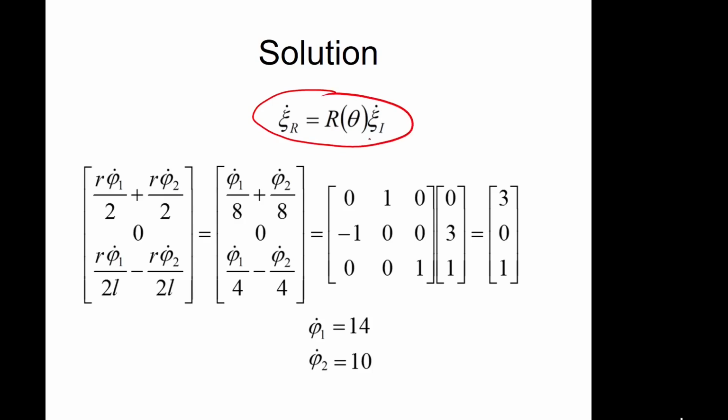We translate our global velocity towards our robot velocity, and then our robot velocity is given by our corresponding equations. So if we put the global velocity in here and transform this, this is our epsilon I dot, our transformation matrix between global frame and robot frame.